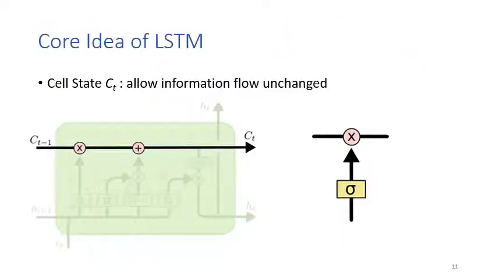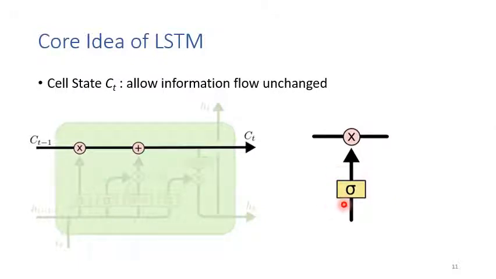Let's look at the details of LSTM. First, we have a cell state, which saves the state information. And as mentioned before, we have a forget gate, which can control how much information we want to pass to the next cell state. How much information of the previous cell state C_{t-1} that we want to pass through. We use the sigmoid function as the control gate.